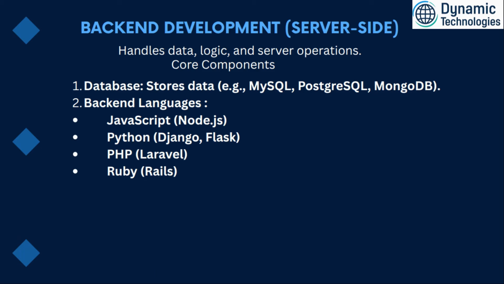Then we have PHP, and in this we have Laravel. Then we also have Ruby on Rails. Of course, these are just a few, because we also have a language called Go. It's in this list as well.